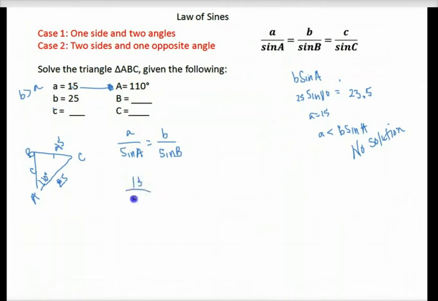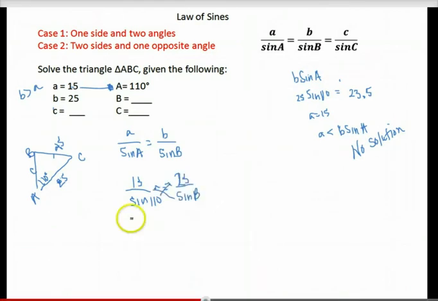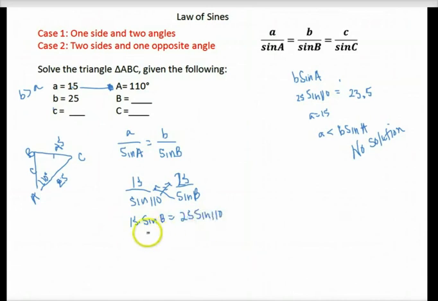We know a is 15 over the sine of angle A, which was 110, equals b, which is 25, over sine B. We cross multiply, so we get 15 times sine B equals 25 times the sine of 110. Divide both sides by 15.